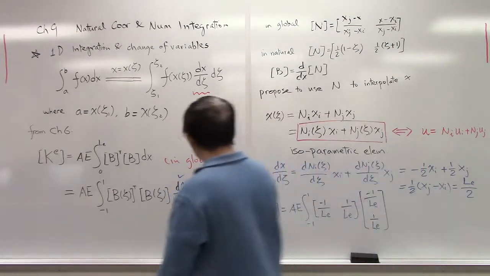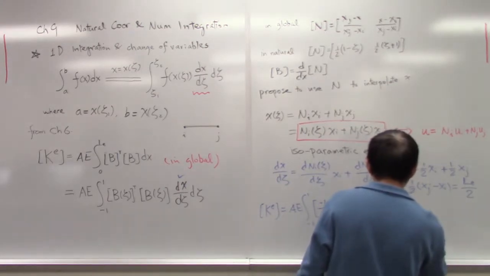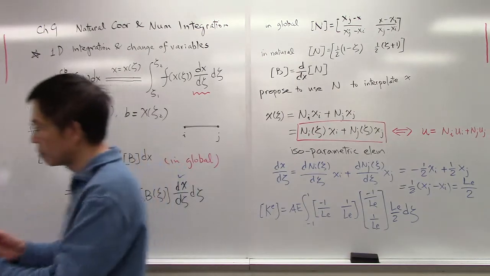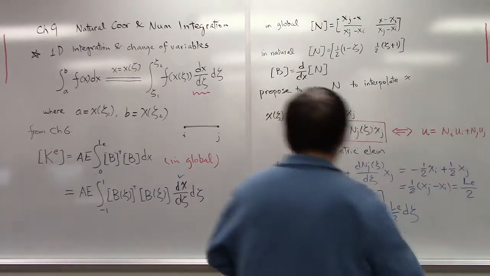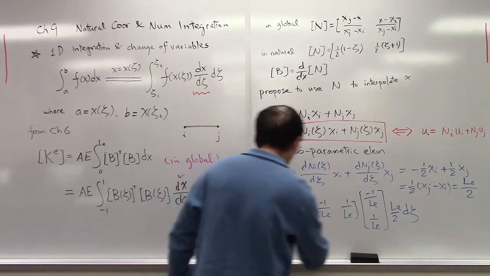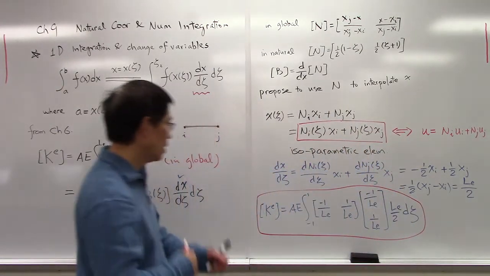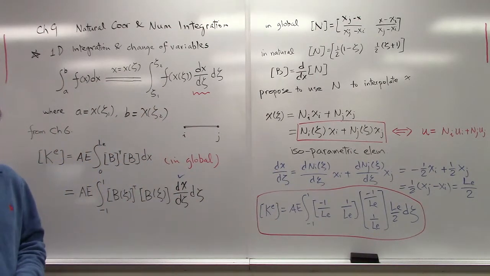And then times this dx d theta, which is half Le here, and then d theta. Okay, this is the formula for the element stiffness matrix integrated in the natural coordinate system.